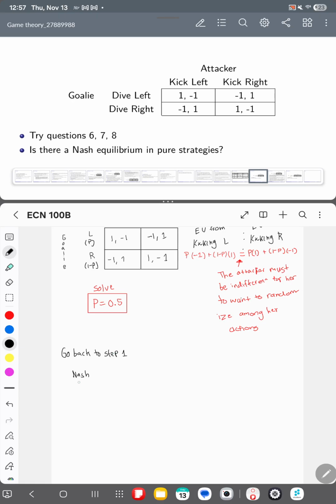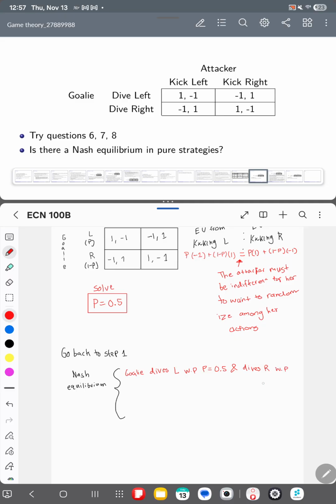I'm going to write it down in a different ink. So it's going to be that the goalie dives left with probability P, and we solved for P. P turns out to be 0.5. That's the magic value. So the goalie dives left with probability P equal to 0.5 and dives right with probability 1 minus P. If P is 0.5, then 1 minus P is also 0.5.